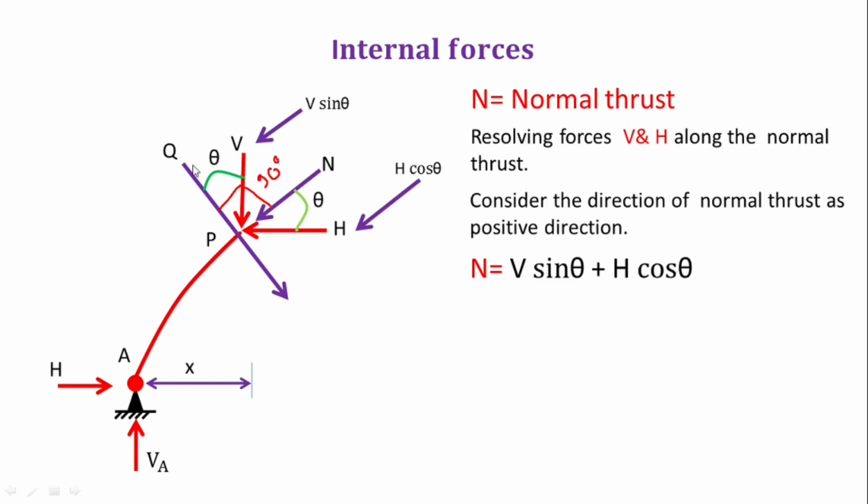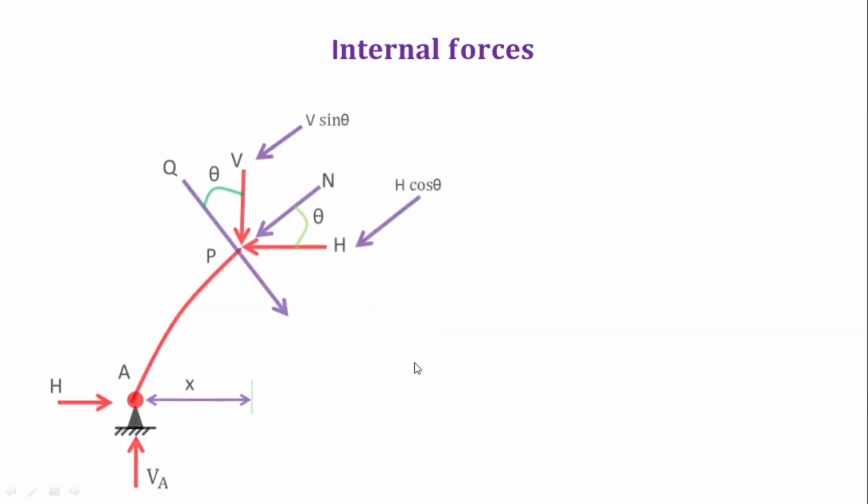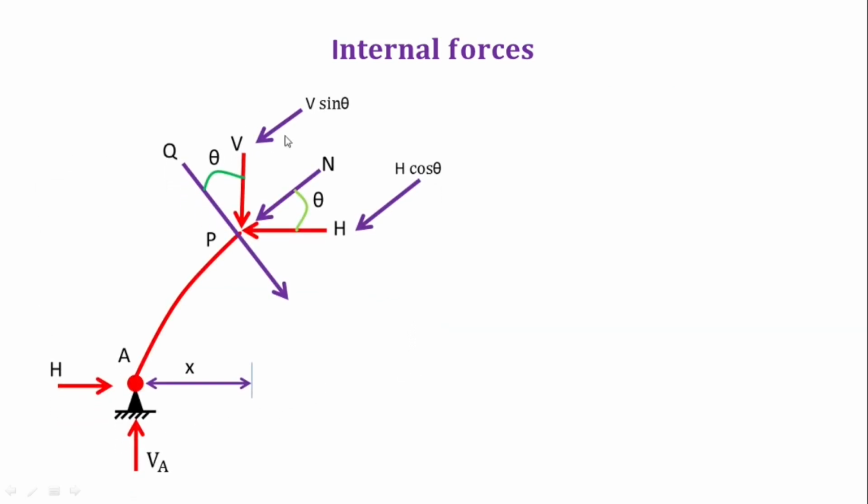Next is Q, the radial shear. Again, this is our diagram at the point P. How to find this radial shear?